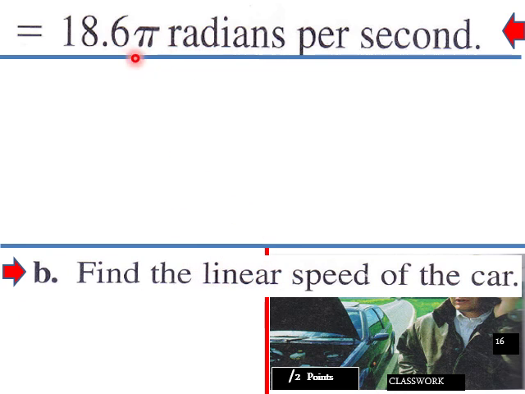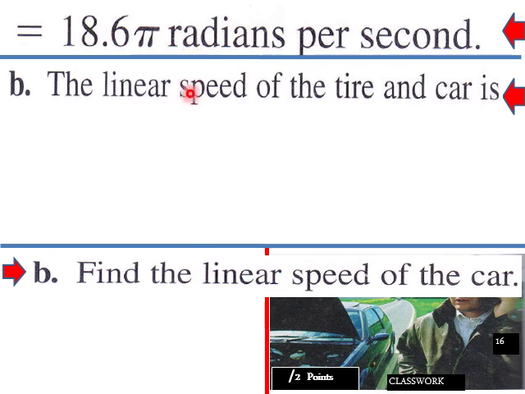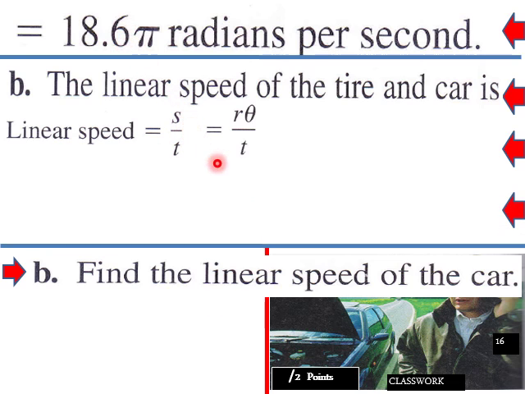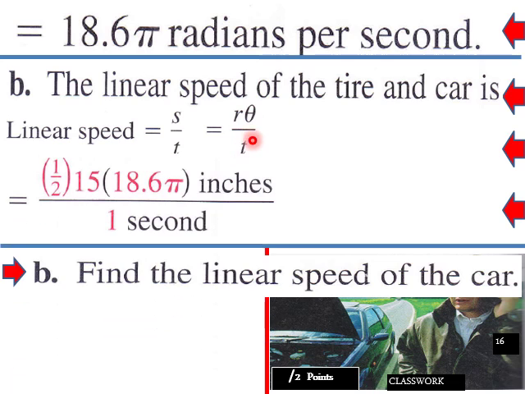Find the linear speed. Now that we know our angular speed, the linear speed of the tire and car is linear speed equals s over t. So we have this here, which is our s. R times theta over t.